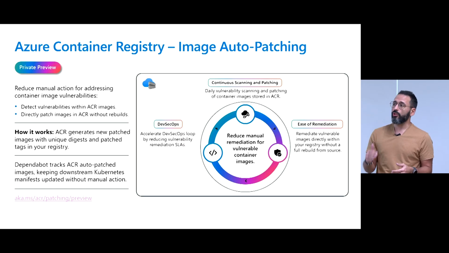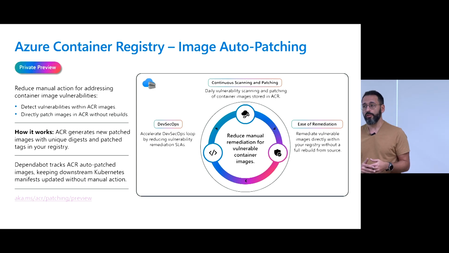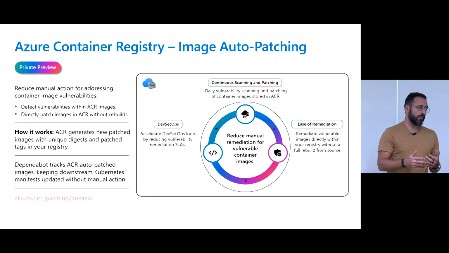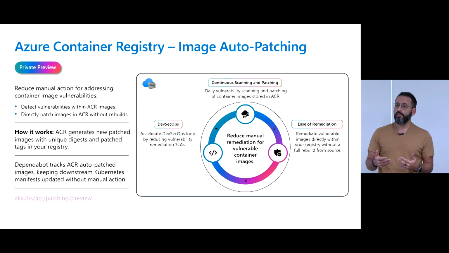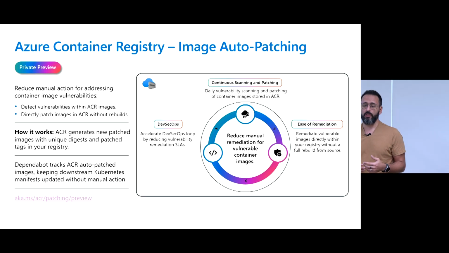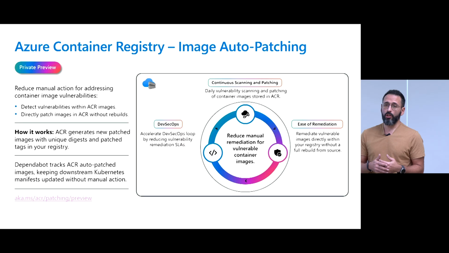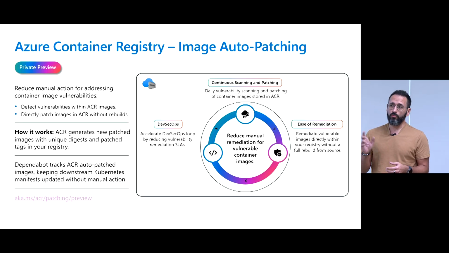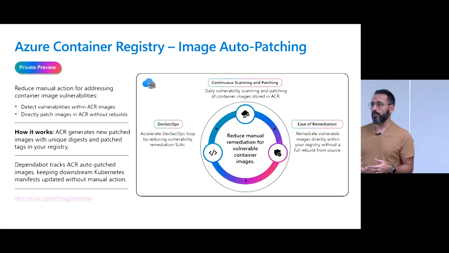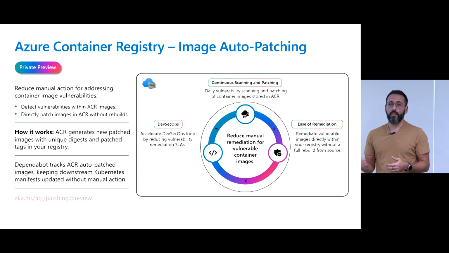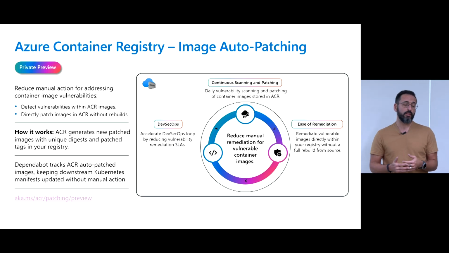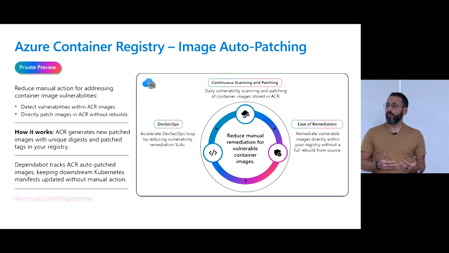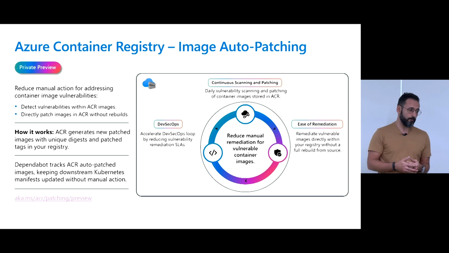It's directly patching layers within the container image. You can then wire this up to events or callback functions that call your deployment pipelines to update the container image tag within your Kubernetes deployment, so that it automatically gets the new patched versions without a lot of manual intervention.